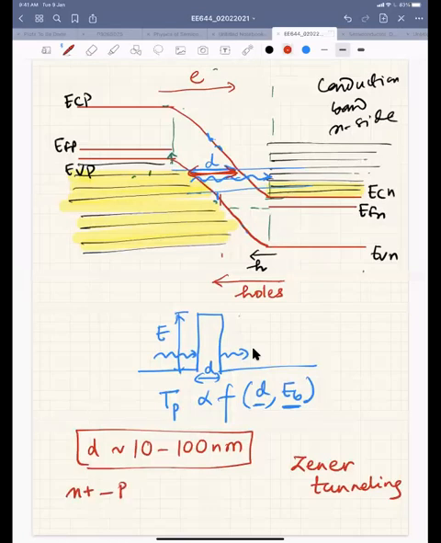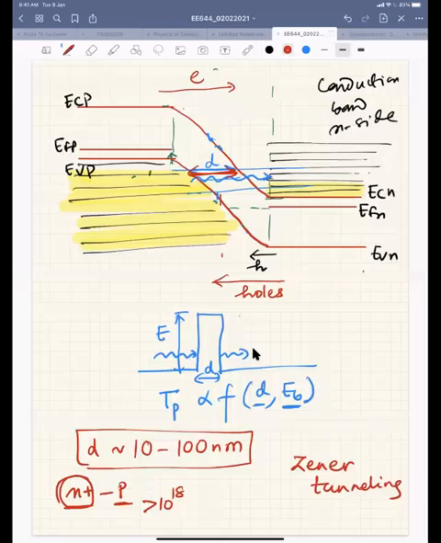If you calculate the barrier width for an n plus p junction, with a very high doping n plus region and a p region doped more than 10 to the 18, it will be in the 10 to 100 nanometer regime. So for an n plus p junction, if the p side is doped more than 10 to the 18, then there is a possibility of Zener tunneling.